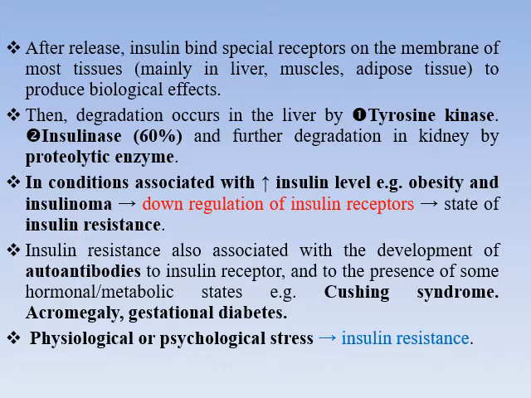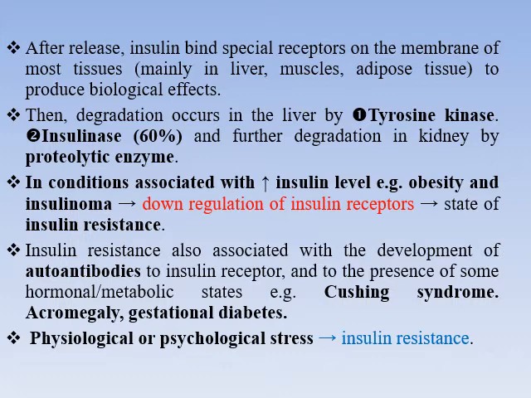In the case of obesity and in the presence of a tumor like insulinoma, there will be down regulation of insulin receptors, as if I have a lower number of receptors, so it will not give the proper effect. We have a state of insulin resistance.